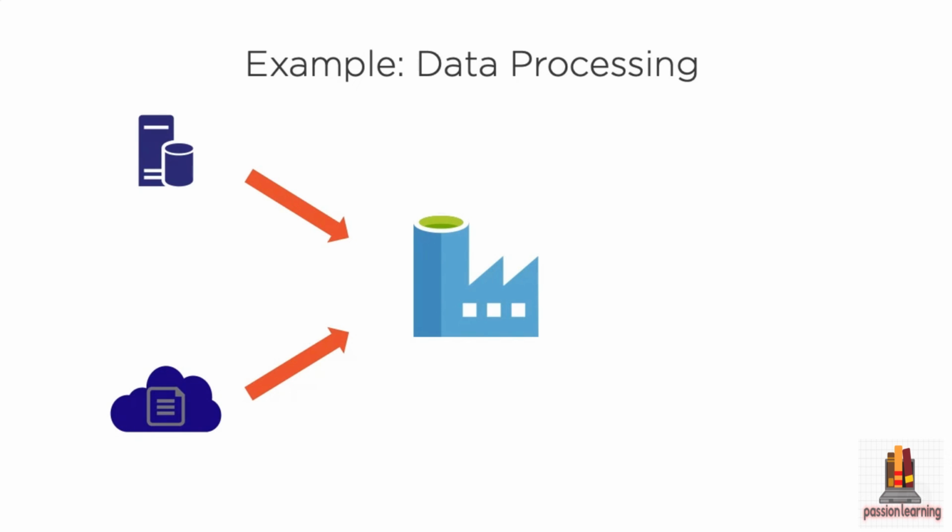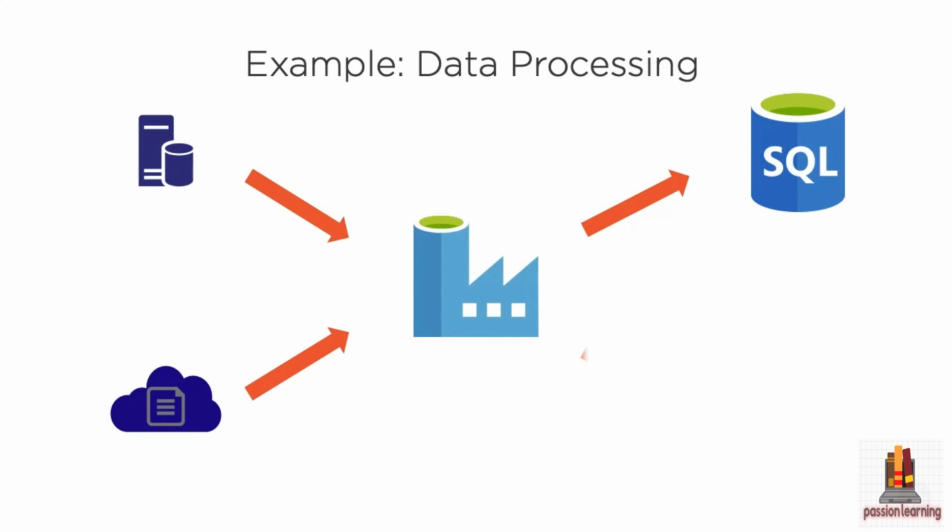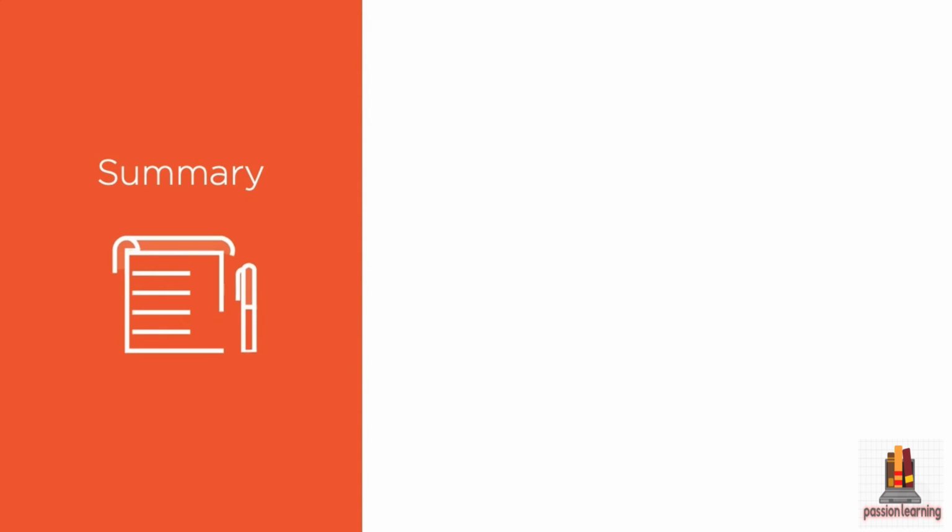So you can configure Data Factory to pull that data from those sources, and then it can send that data off after it's transformed it, maybe to an Azure SQL database or a data lake where it's ready for your applications or some analytics to process it. Data Factory has the ability to connect to all these different data sources to pull data and push data and do all of those transformations in between.